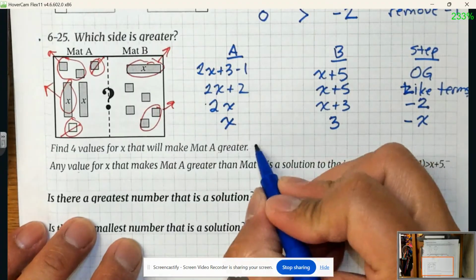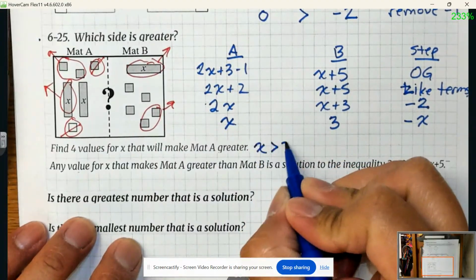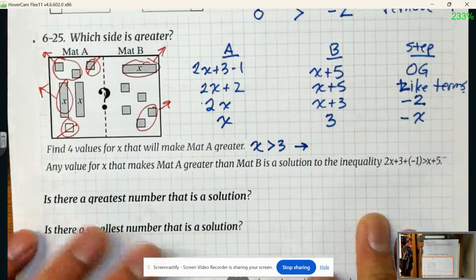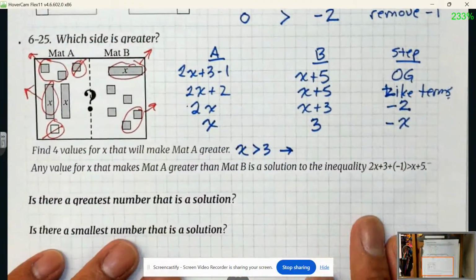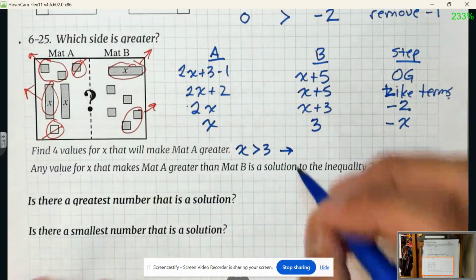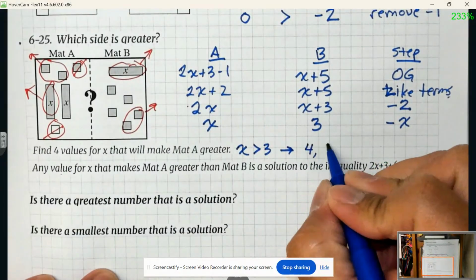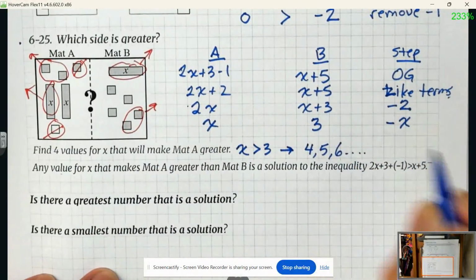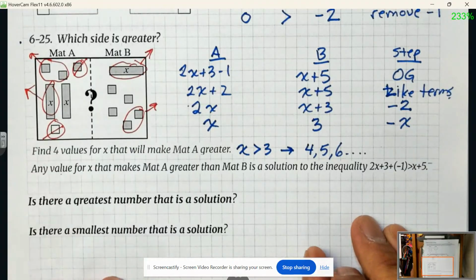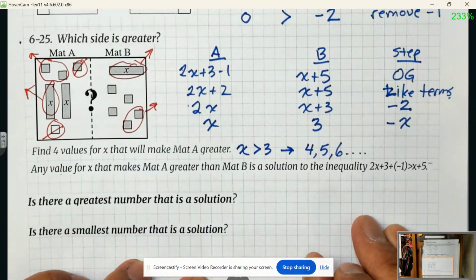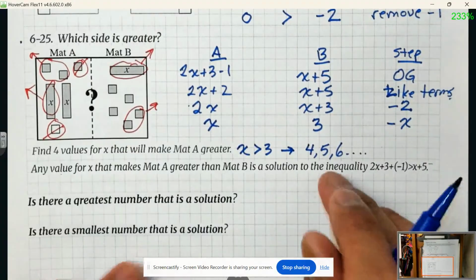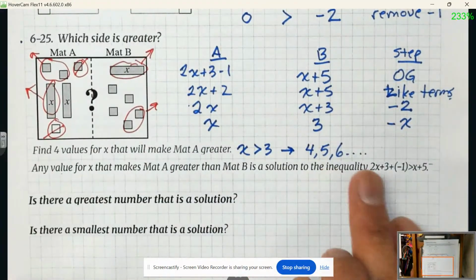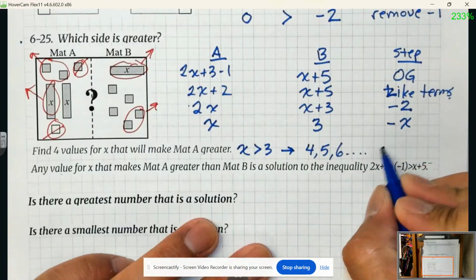So when will mat A, which is x, be greater than 3? Okay, well that will happen if x is, well, x can be 4, x can be 5, or any number greater than that. Okay, so any number that follows that in a sequence. Okay, so these numbers here are called solutions.